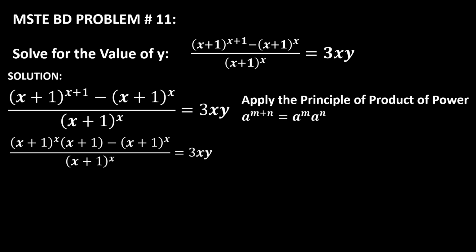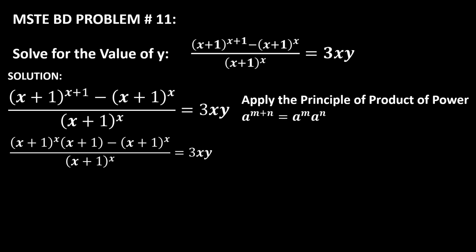And now, for our second step, what do you think will be our next step? What process are we going to do in order to simplify the equation and solve for the value of y? Let me give you another 5 seconds. 1, 2, 3, 4, 5.